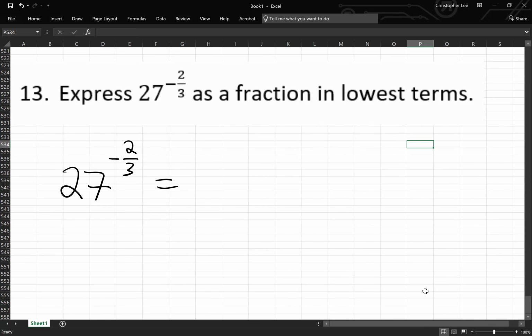Yes, right. So this becomes 1 over 27 to the 2/3 power. Because it's a negative exponent, you put it in the denominator, right?